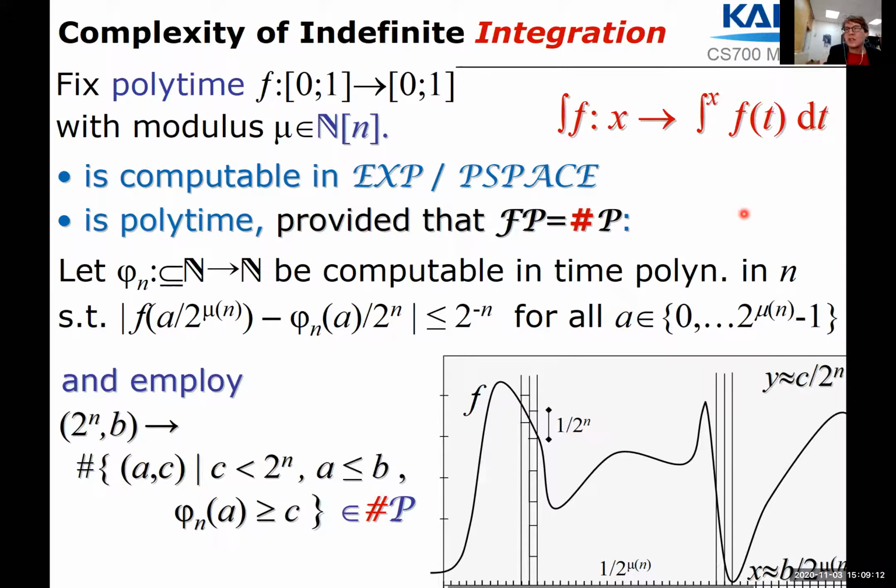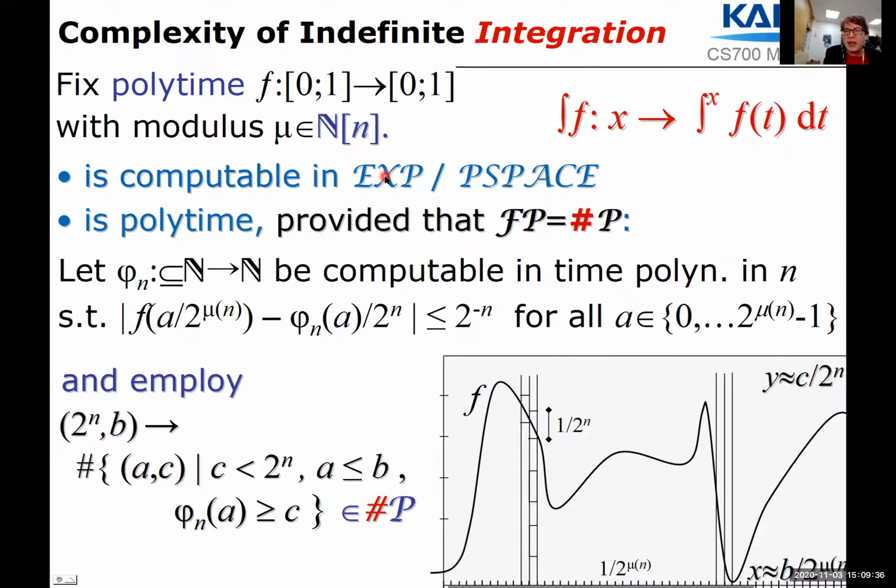It returns a function, namely a function that returns the definite integral up to the given upper integration bound x, which is given as a parameter. Okay, and on this slide we're looking at indefinite integration as the operator, and on the next slide we're going to investigate definite integration.